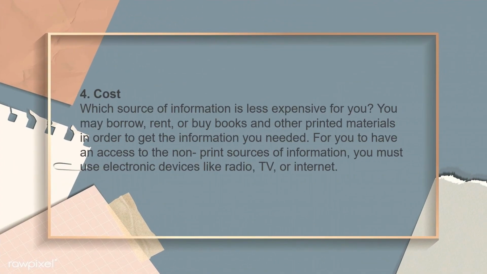Number 4, cost. Which source of information is less expensive for you? You may borrow, rent, or buy books and other printed materials in order to get the information you need. For you to have access to the non-print sources of information, you must use electronic devices like radio, TV, or internet.